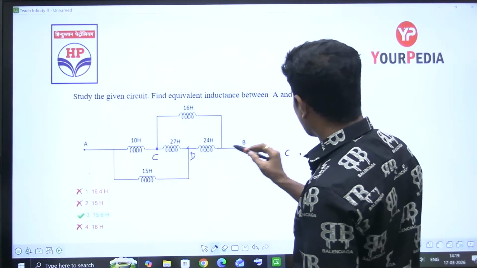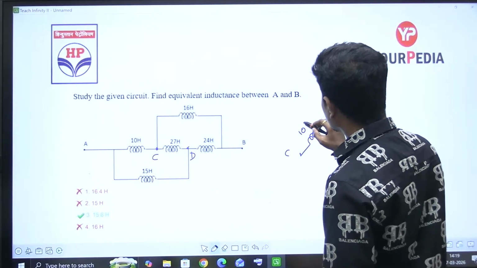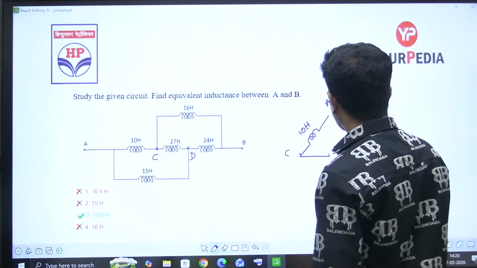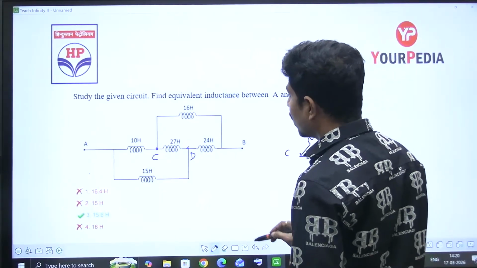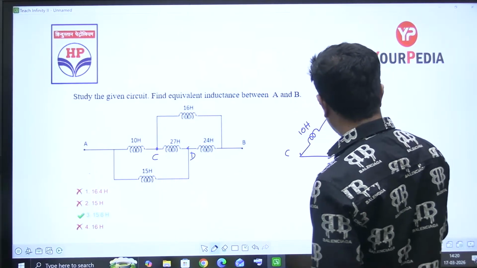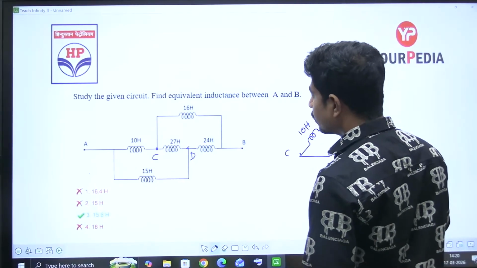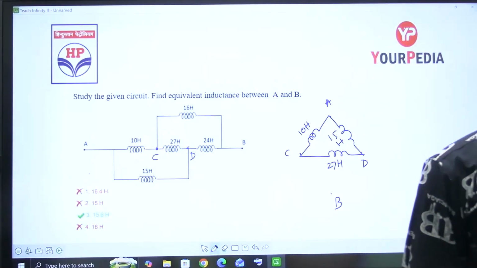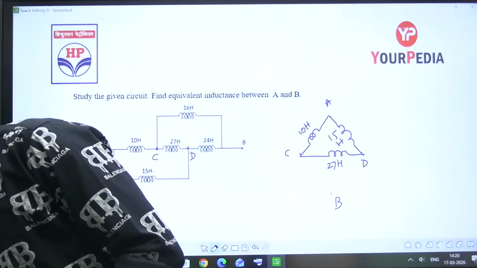Between A to C we have 10 Henry. C to D we have 27 Henry, right? A to D also we have 15 Henry.